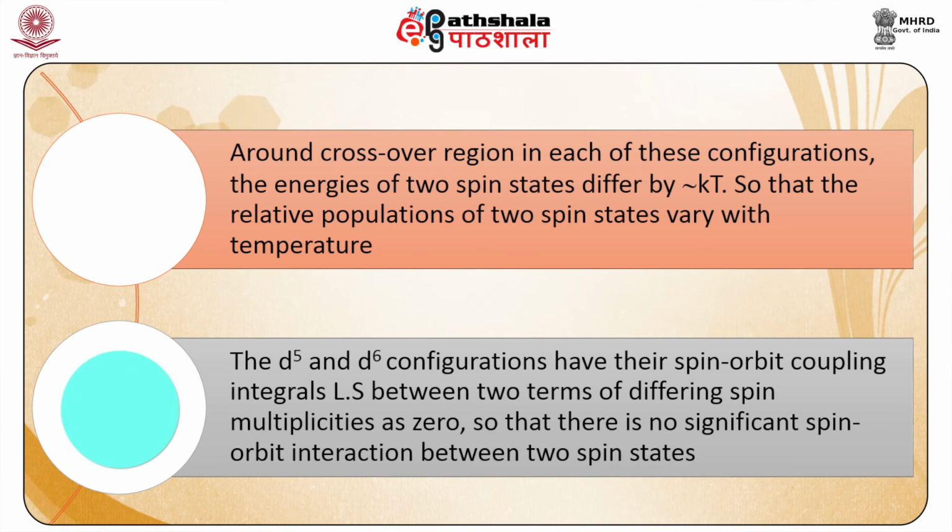The d5 and d6 configurations have spin orbit coupling integrals between the two terms of differing spin multiplicities as 0, so that there is no significant spin orbit interaction between the two spin states.